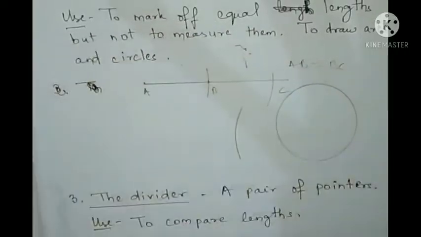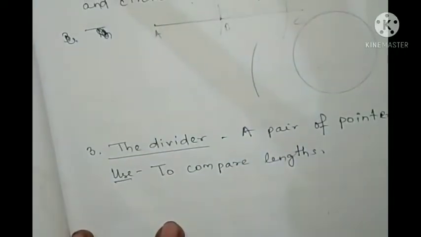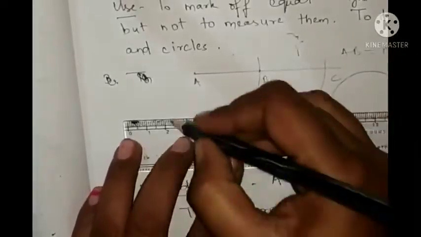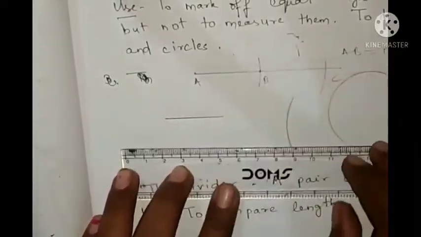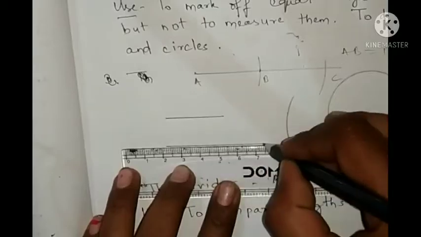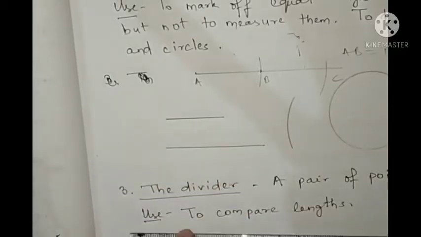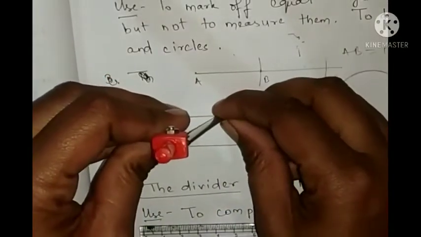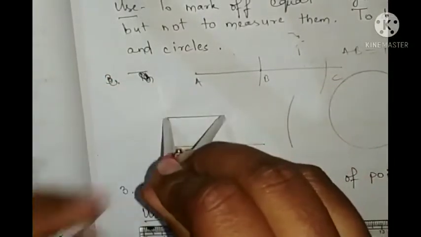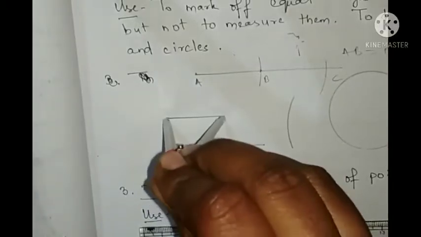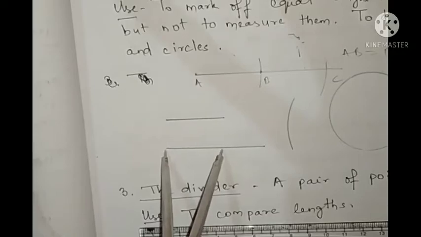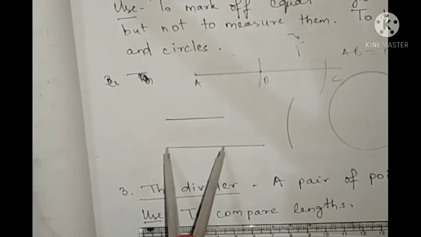Look, if I make a line here, okay, one line, then I'll make another line. Okay, so what I'll do, I'll fix the pointer of the divider here, then I'll keep it here, then look at here, this is less than this line.